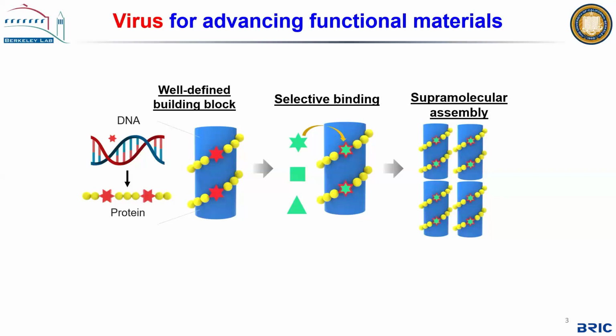Maybe some of you might think the virus is such a dangerous and hazardous material as we experienced with COVID-19. But there are many safe and good viruses that we can utilize for advancing functional materials. This is the mechanism of utilizing the virus.